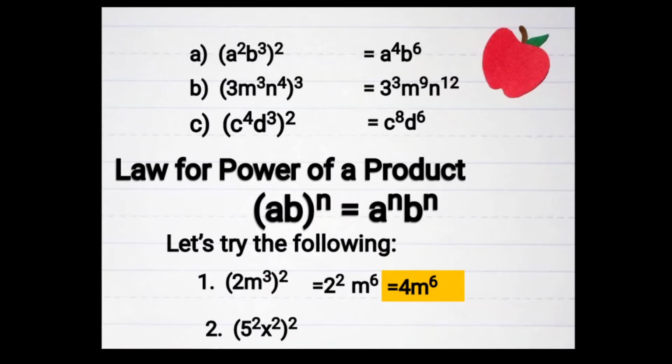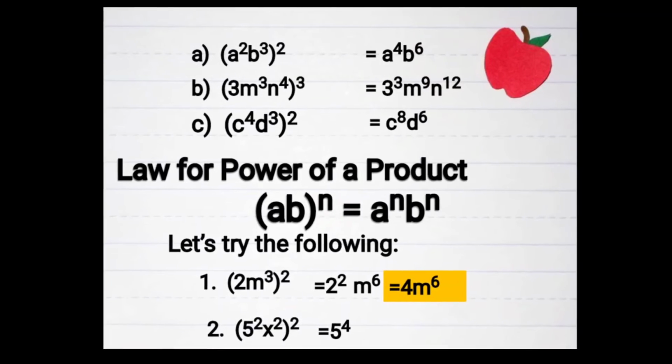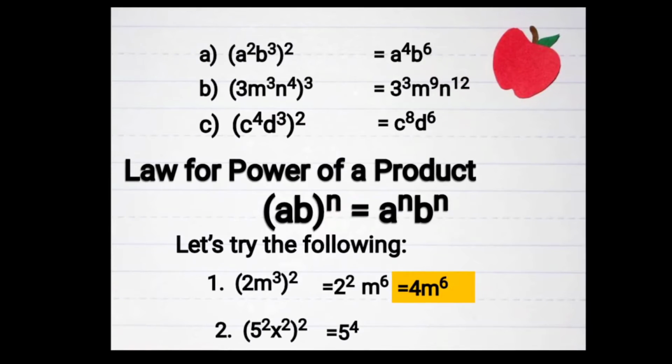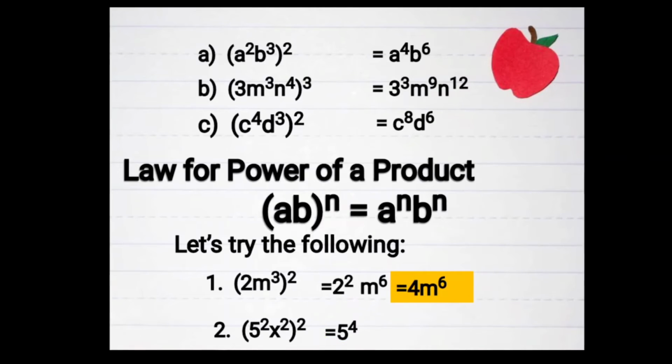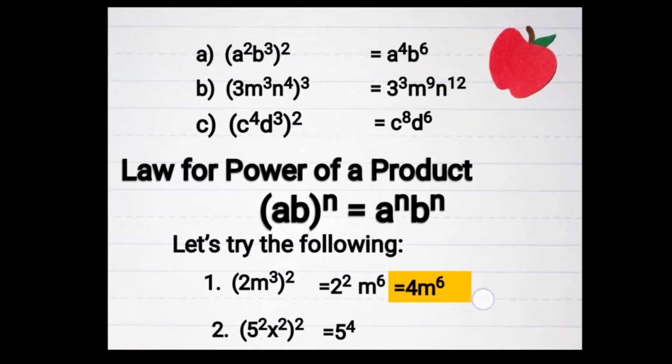Number 2, we have 5 squared times x squared, squared. First, copy the base 5, then multiply the exponent. 5, then 2 times 2 is 4. That's why we have 5 raised to 4. Next, copy the base x, then multiply 2 times 2 is also 4.